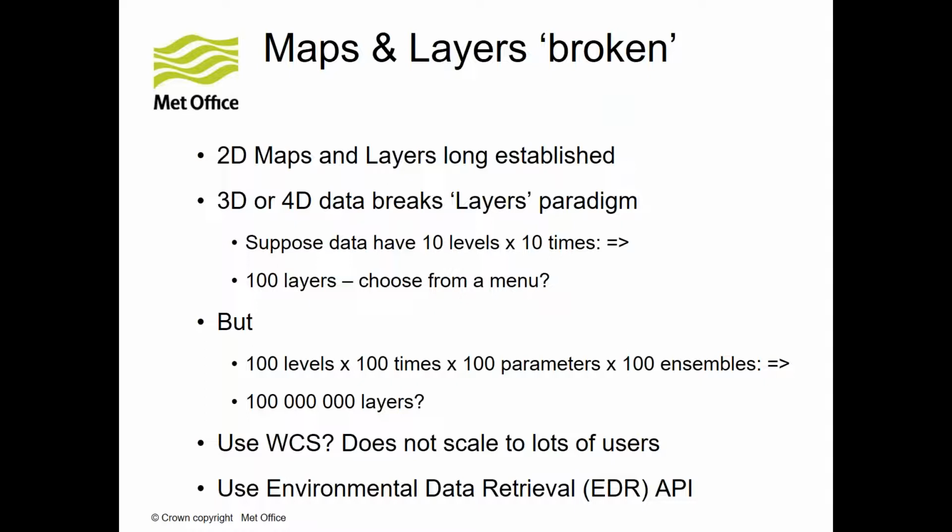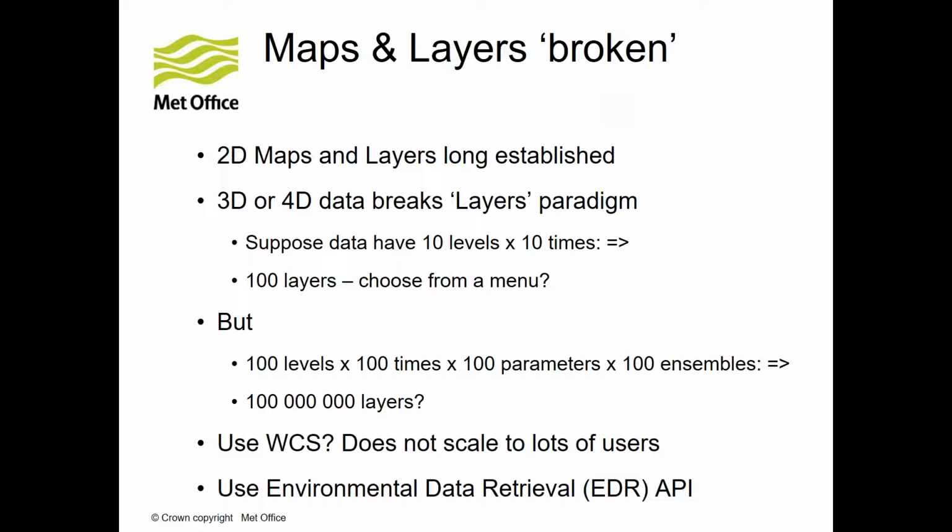As soon as we start using layers, we break the paradigm, because typically a forecaster or climatologist or research scientist would look at data at perhaps 10 levels in the atmosphere for 10 times in the future or in the past. That's 100 layers. Can you choose that from a menu on a web map service? Probably a bit marginal, but once you've got 100 levels, which is what most models have nowadays, and 100 times, and hundreds of parameters, and lots of different versions, you've got millions of layers. The layer problem doesn't work.